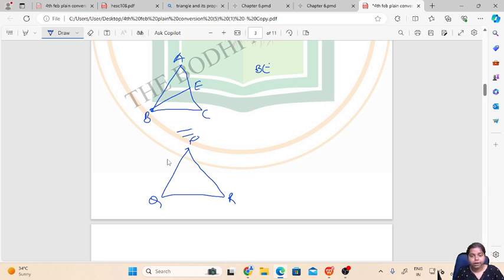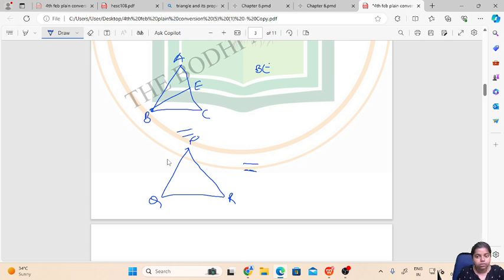This is an imaginary sketch I have just drawn. We have to draw it in such a manner that PQ and PR are the altitudes. So how will you draw it?